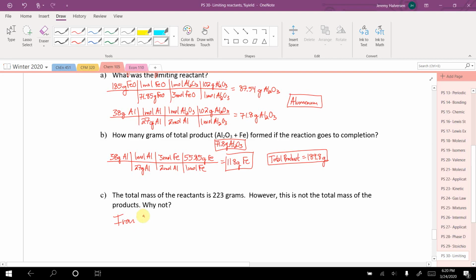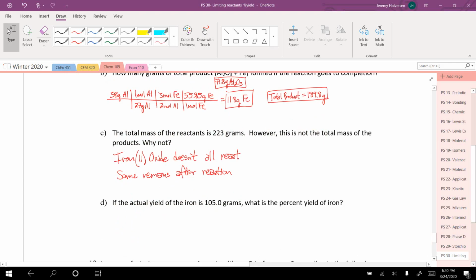So the real key here is that iron oxide doesn't all react. So you have some remaining after the reaction. So you haven't lost mass. It's just not all of your reactant mass got turned into products.